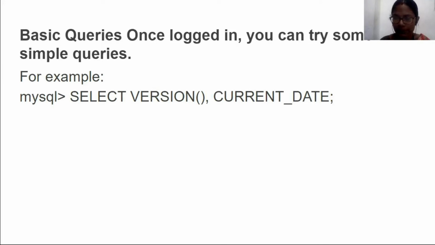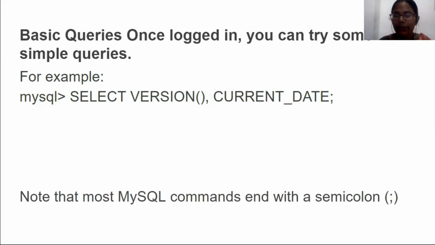One is version and the second one is current date. This version is a function, and as we know, a function has a default value. Select is a keyword used in MySQL. And all MySQL queries you execute should end with a semicolon.